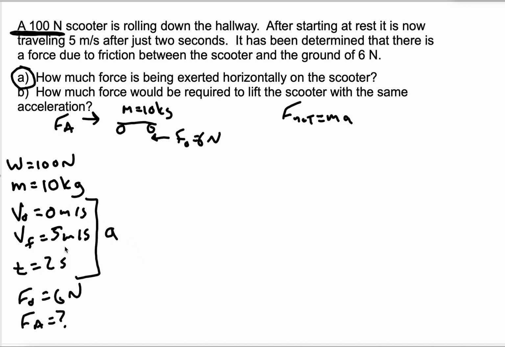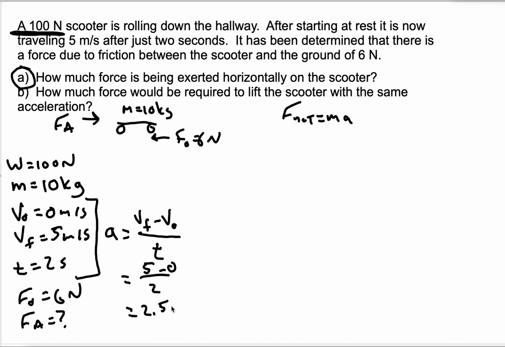So with this information, I would probably use the equation acceleration is final velocity minus original velocity divided by time. Now remember, I told you can't forget your old equations. We'll be using them all year, right? And so this will be 5 minus 0 divided by 2.